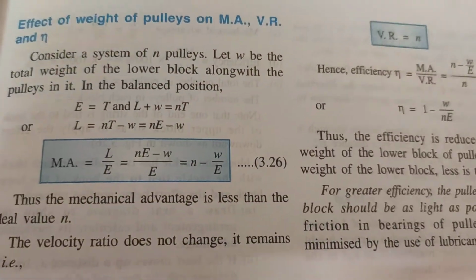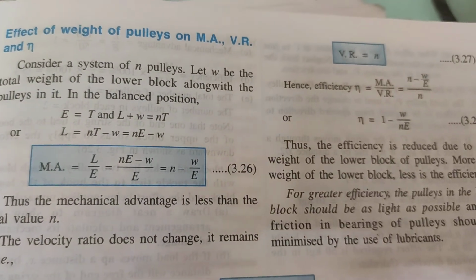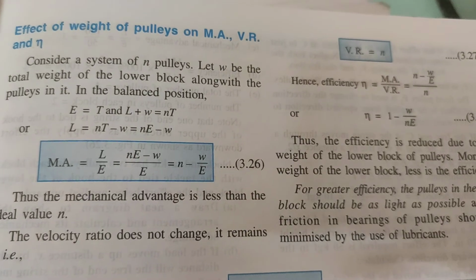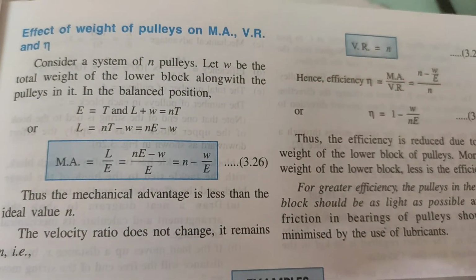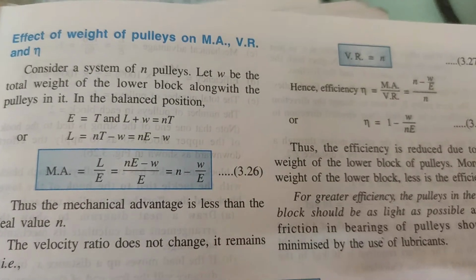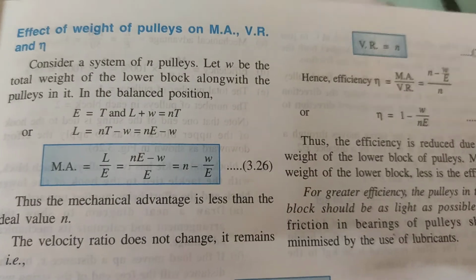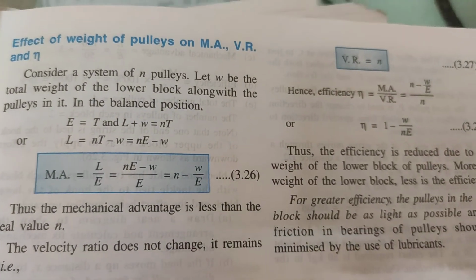So in few numericals we got mechanical advantage less than velocity ratio. So even if you have say 4 pulleys, that means 4 strands of tackle supporting the load, velocity ratio is 4 but mechanical advantage may or may not be 4 depending on load and effort. If it is 4, then efficiency will be 1.